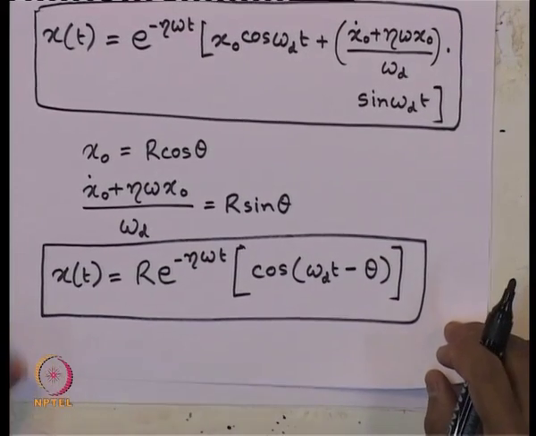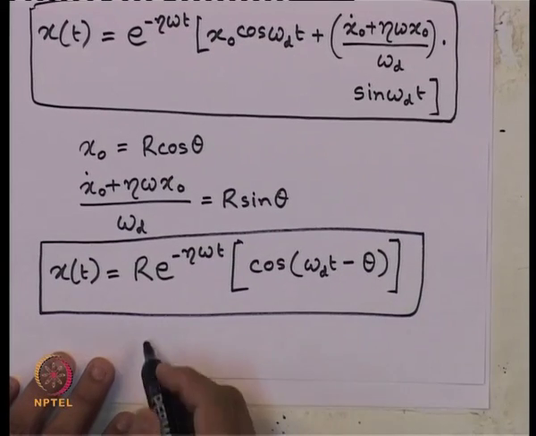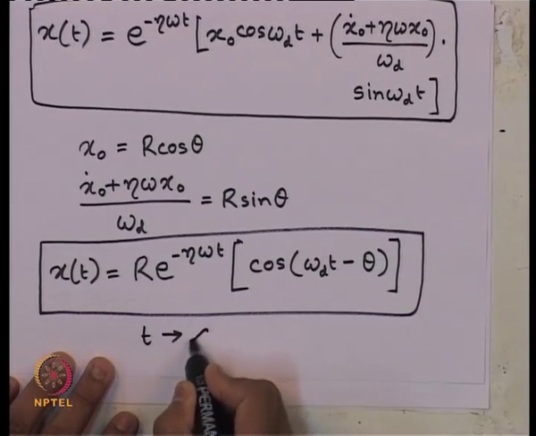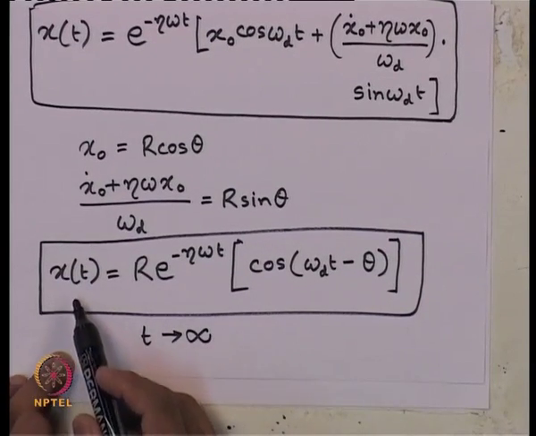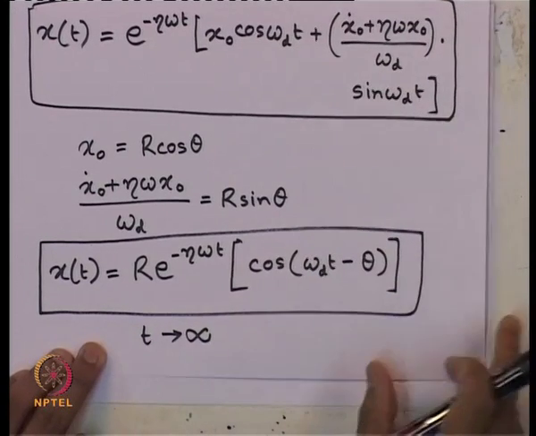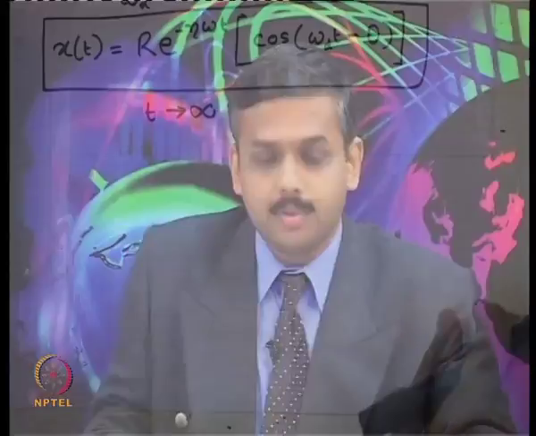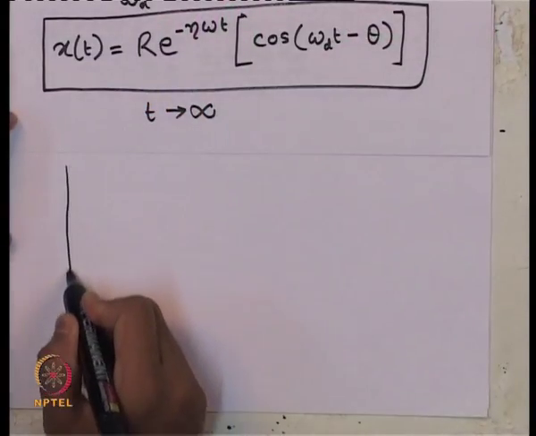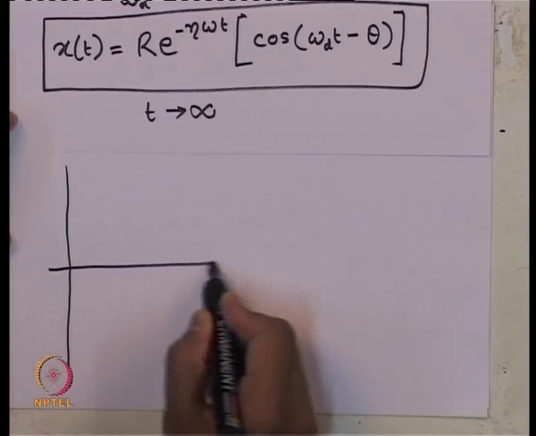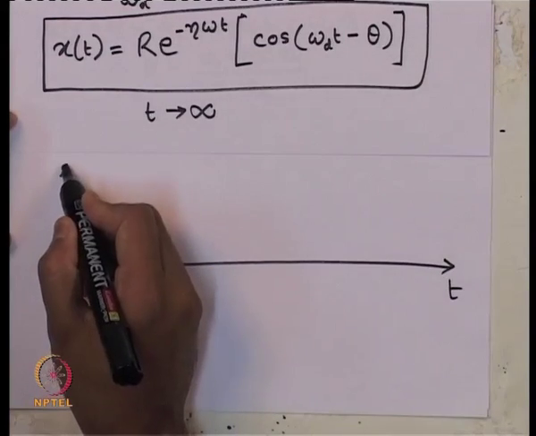If we look at the response of this function as t tends to infinity, that is, the variation of this displacement function x of t with respect to time t, let us see how it looks. Let me put the solution here also, so that we can compare the expression and the variation and how to draw this easily.